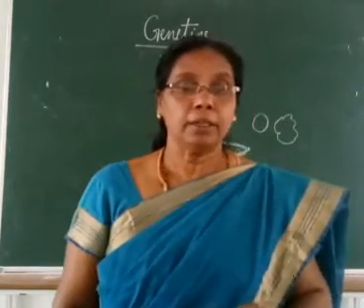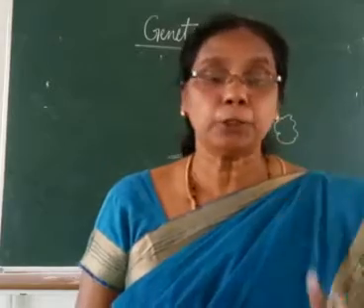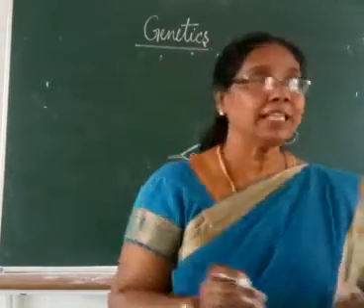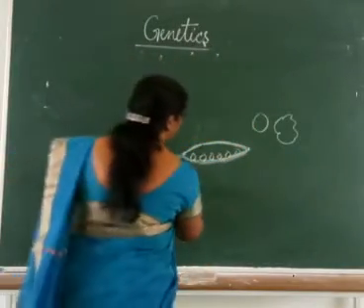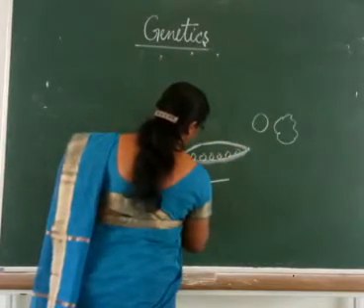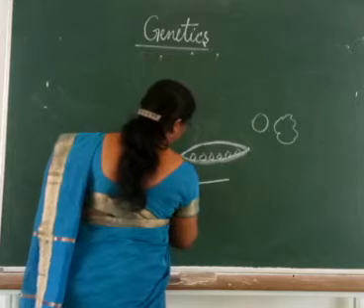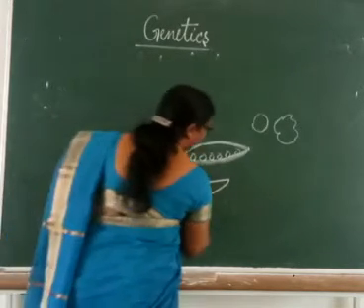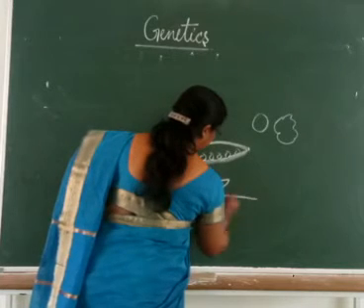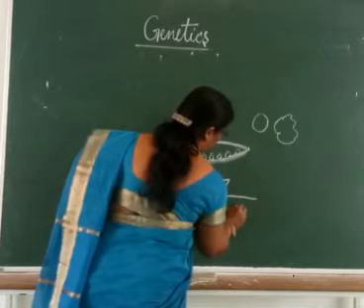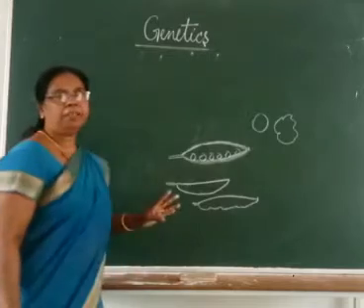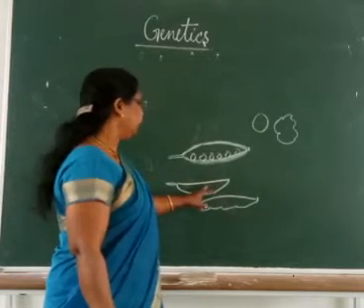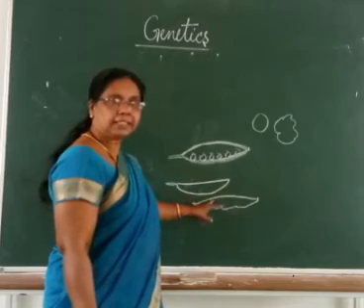And coming to the next, pod shape also, you can see one is inflated and the other one is constricted. So inflated means you can see like this. Constricted means like this it will be there. So pod shape also has 2. It will be inflated or constricted.